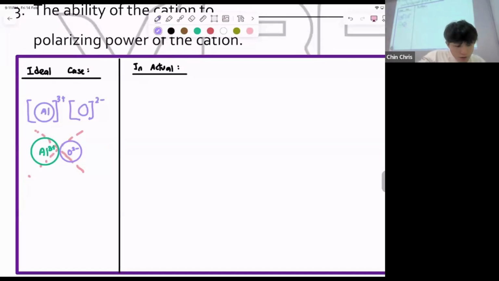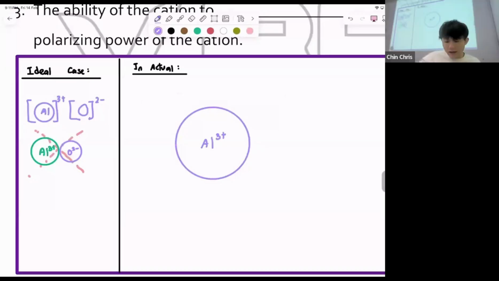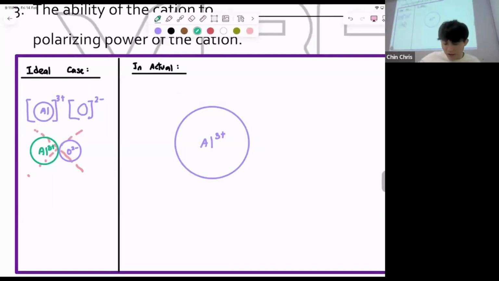I want you to draw your Al3+ and O2-. When you put the O2- side by side with the Al3+, the electron cloud in the O2- will get dragged towards the Al3+.